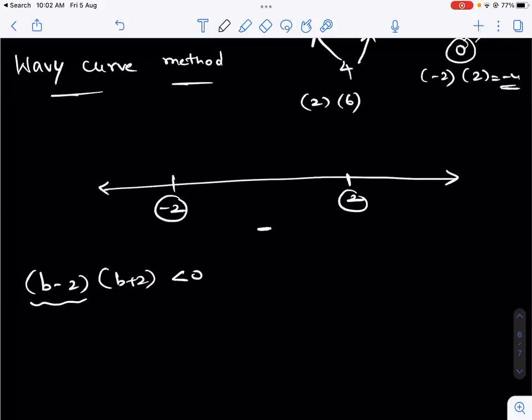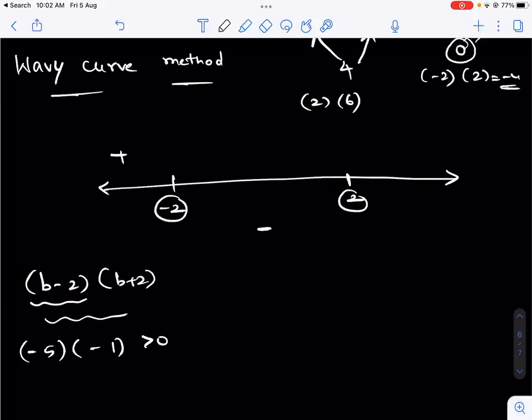Because I equated each factor to 0 and found the checkpoint. Is that clear? So I'm substituting a value less than minus 2. Tell me a value less than minus 2. Minus 3. Substitute in this expression and see. Minus 1, which is coming out to be a positive value. Means on the left of minus 2, if you substitute any number, it will give you a positive value.